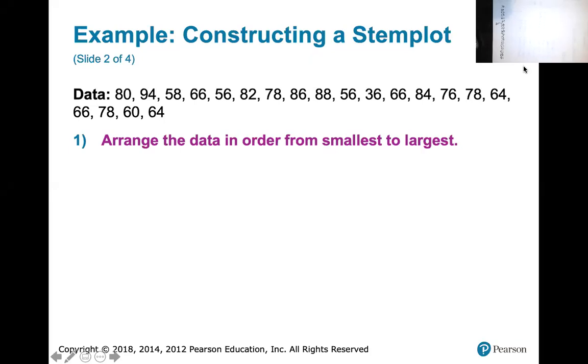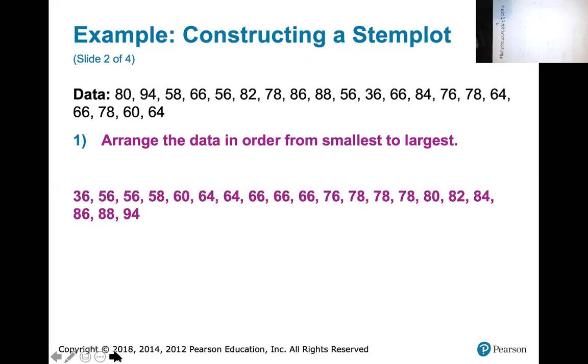Now let's go back to the PowerPoint. Okay, so we wanted to arrange the data in order from smallest to largest. And let's see if we have the same list. 36, 56, 56, 58, 60, 64, 64, 3 66s, 76, 78, 78.